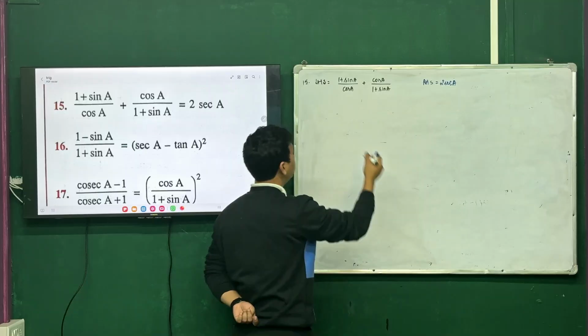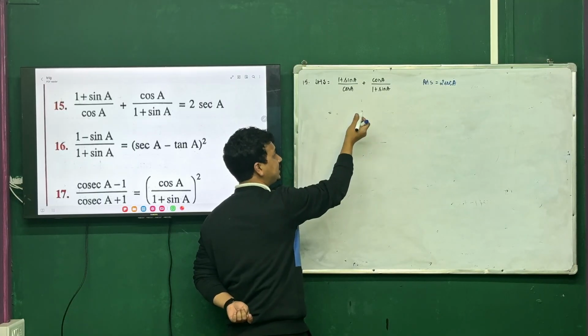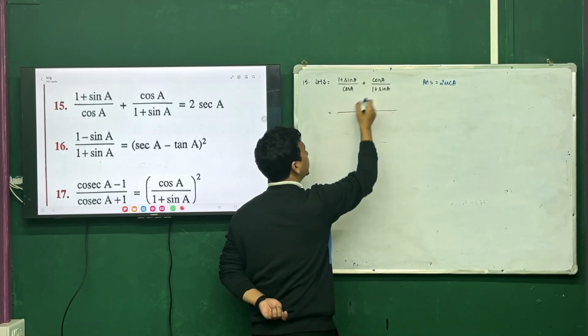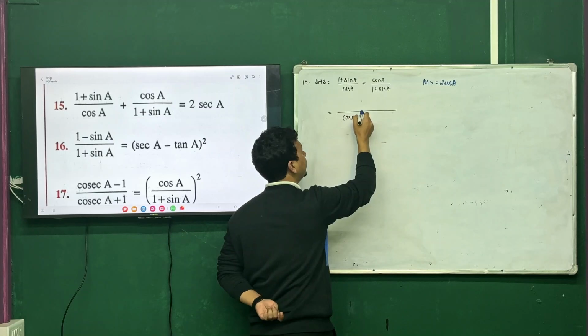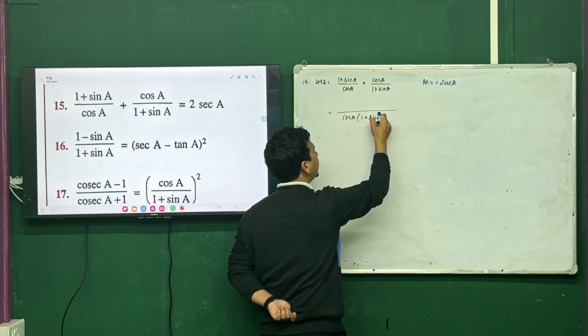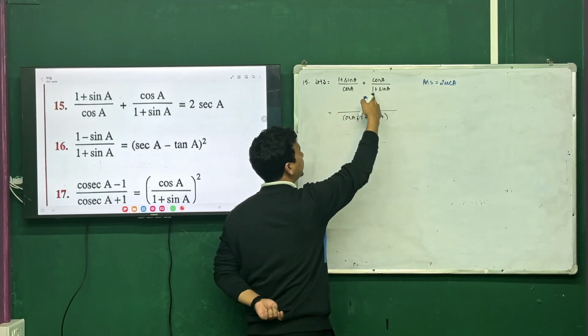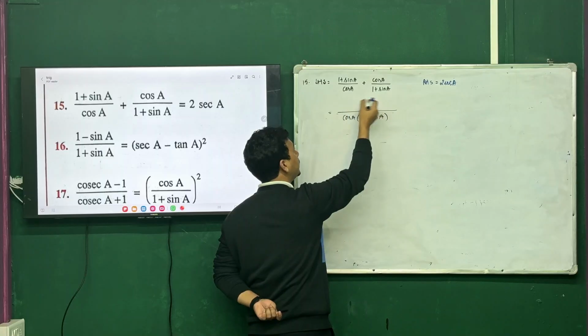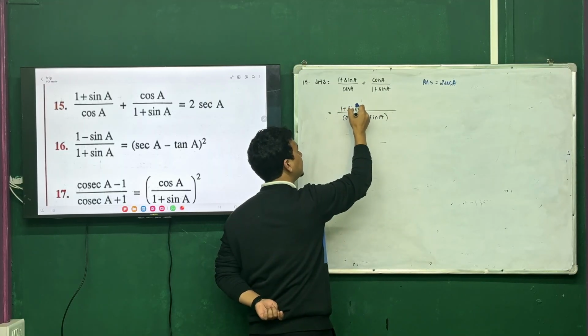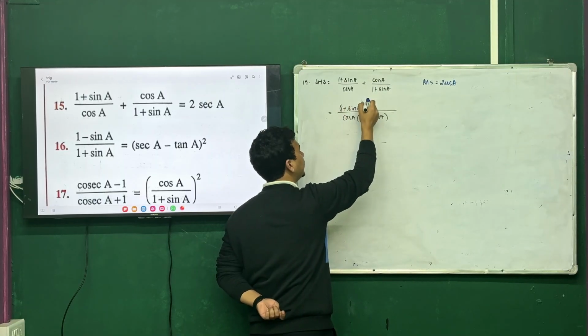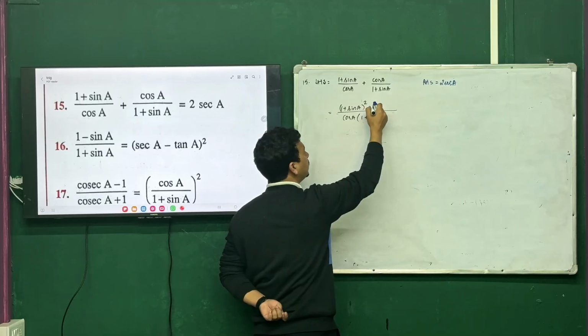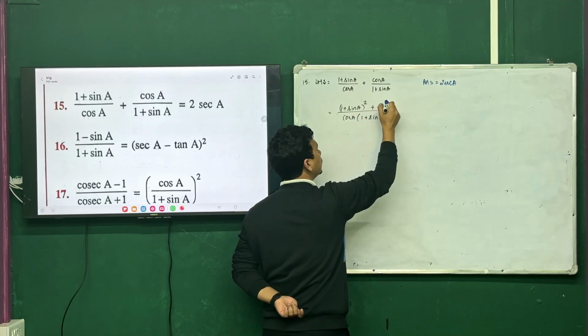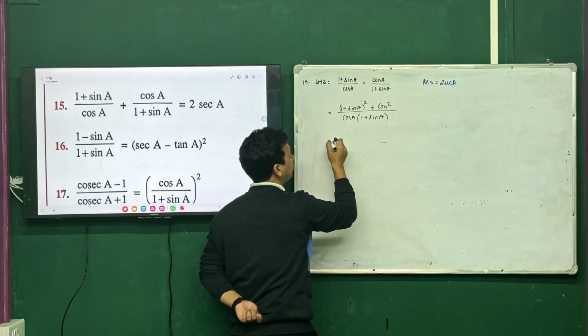So here I think the easiest would be to just take LCM. Okay. So if you take the LCM, what do we get? Cos A into 1 plus sine A. And here it will be this into this. So 1 plus sine into 1 plus sine will be 1 plus sine A whole thing square plus this into this, cos square.